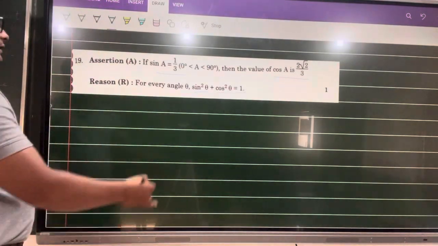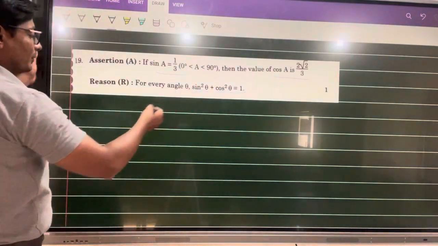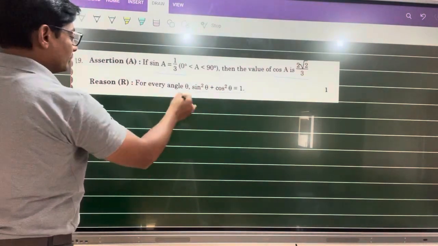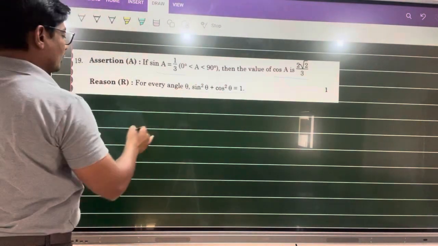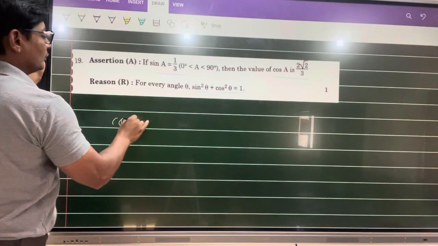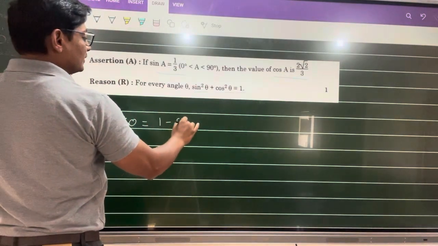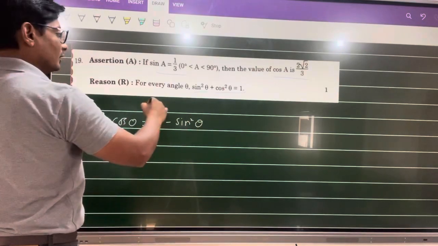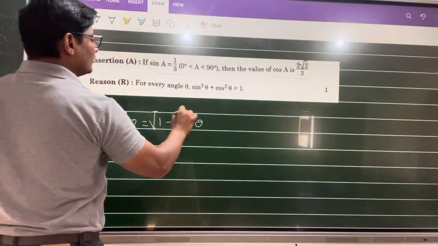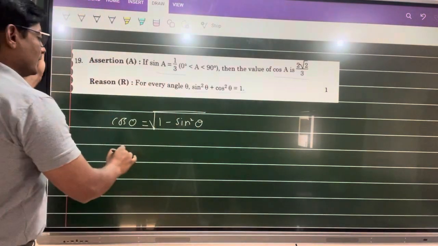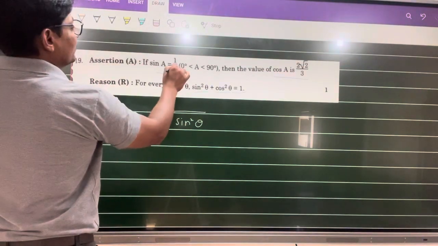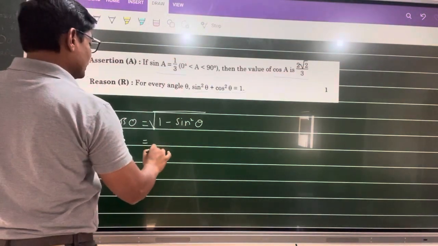So the reason is correct, but let us check what we get from it, because we can get the expression for cos theta from here itself. Cos theta will be equal to the square root of 1 minus sin square theta. Now if sin theta equals 1 by 3, we substitute that 1 by 3 here.